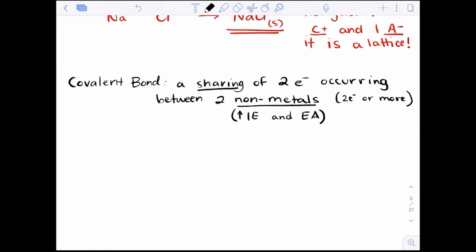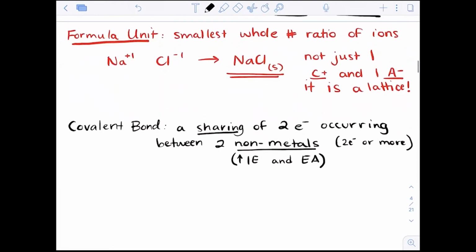Now, if we look back at that formula unit with sodium +1 and chlorine -1, we can hint to why there's a stability. We saw that there was a stability in forming specific ions because of reaching noble gas configuration. We talked about that a lot. So now the only difference between an ionic compound and just the formation of the ion stability is bringing them together in the lattice.